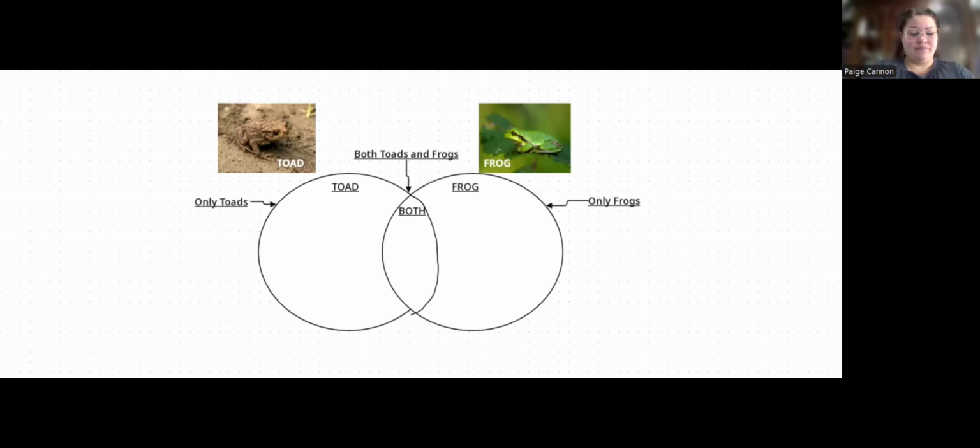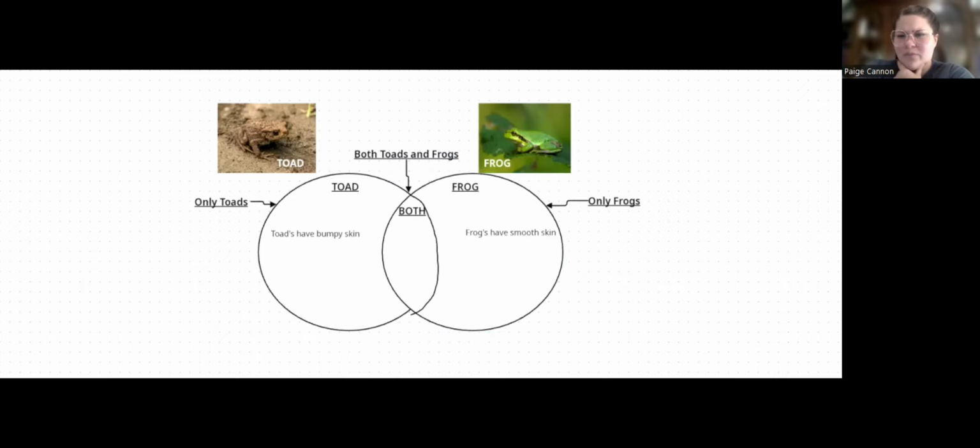We can put toads have bumpy skin. Okay, so if we have something that goes on the toad side, what is something that we can put on the frog side? If toads have bumpy skin, what about frogs? That's right, frogs have smooth skin. Very, very good.